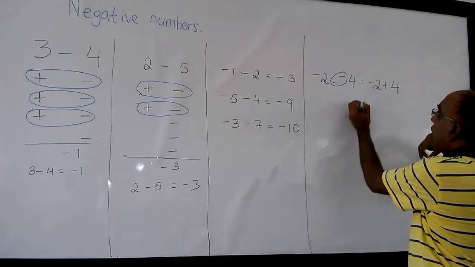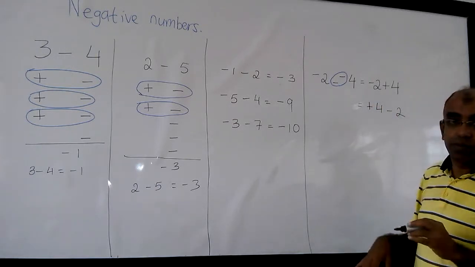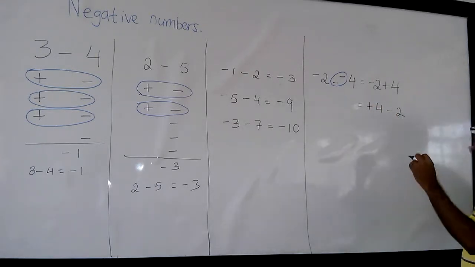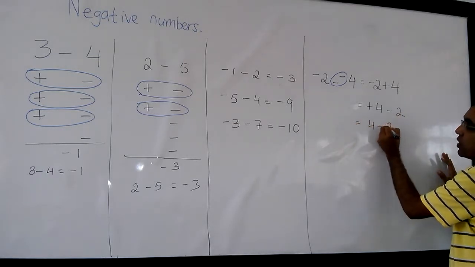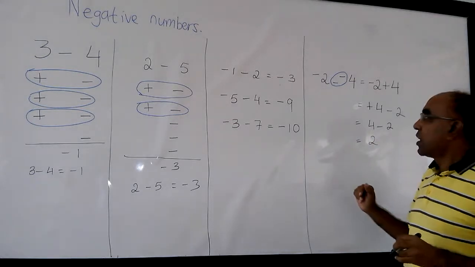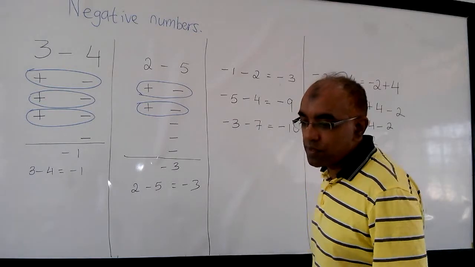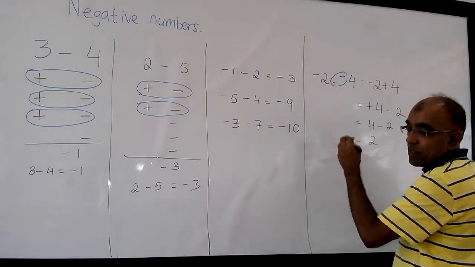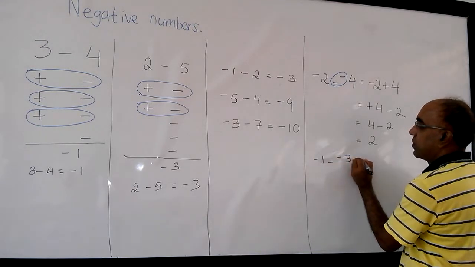So I'll write the plus first. Plus 4 minus 2. Okay? Now plus 4 minus 2 can be written as 4 minus 2. 4 minus 2 is simple. That is 2. And now the second one, if I have -1 minus 3.